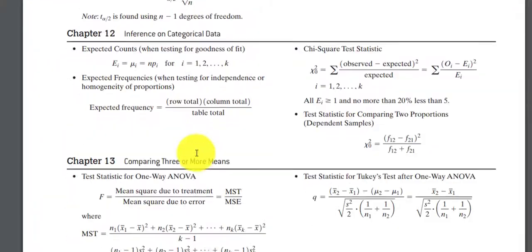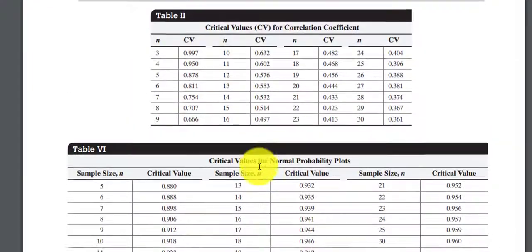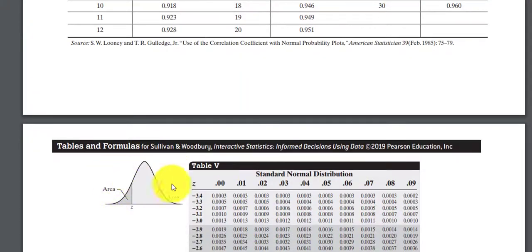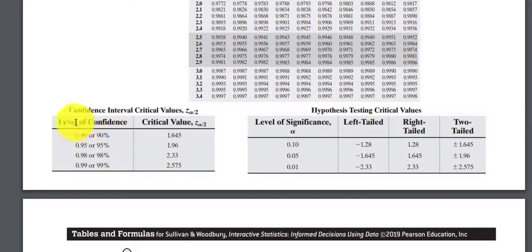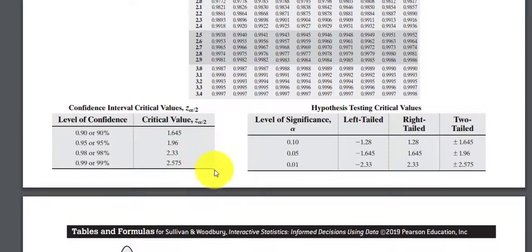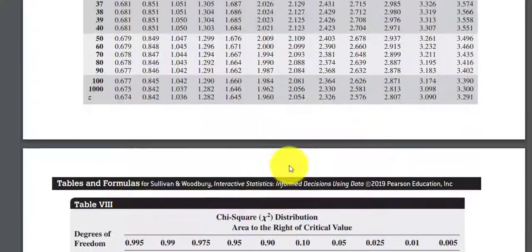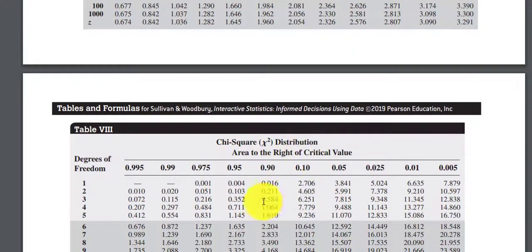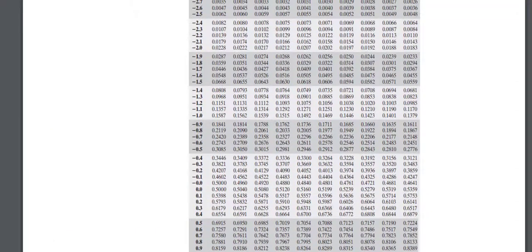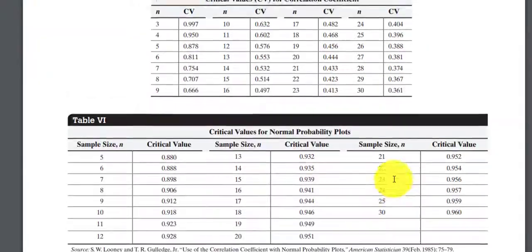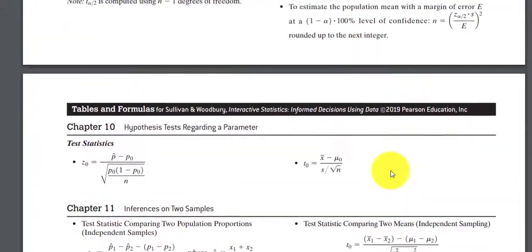At the bottom of this, you'll see the tables that we use most often: the standard normal distribution table, the confidence interval critical values, the t-distribution table, the chi-square distribution. So in only 8 pages, you can gather your formulas by chapter and tables.